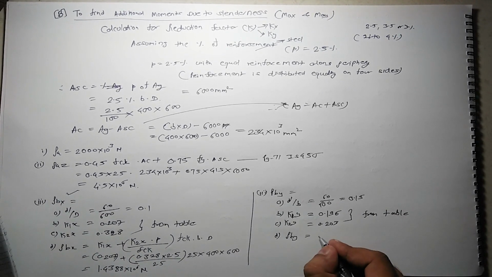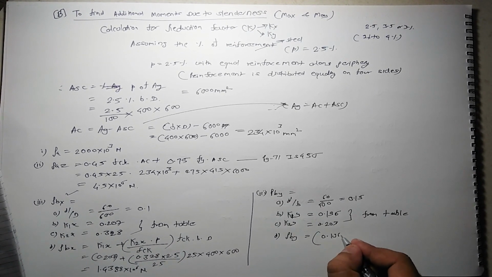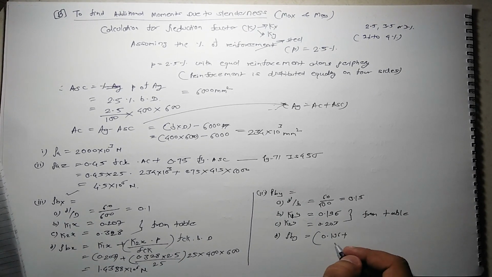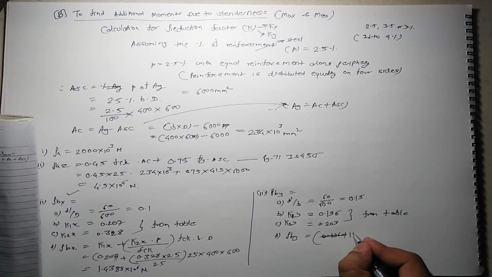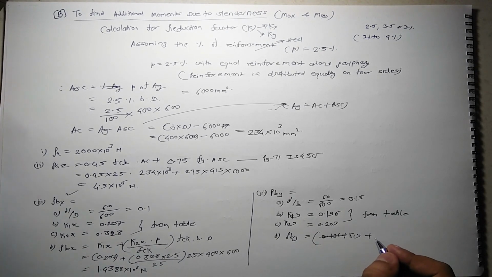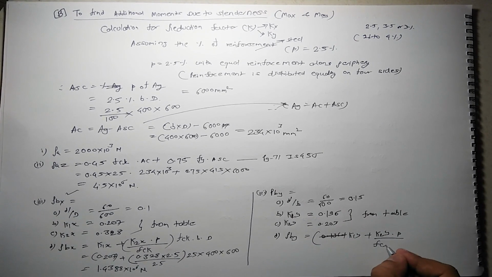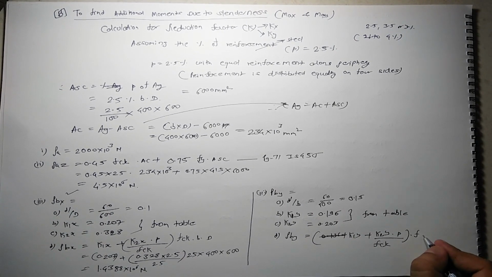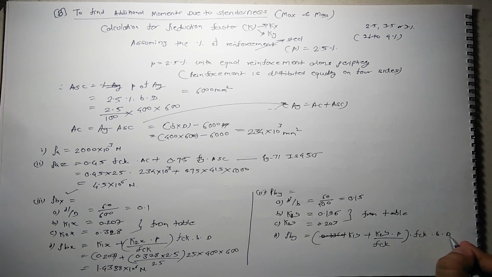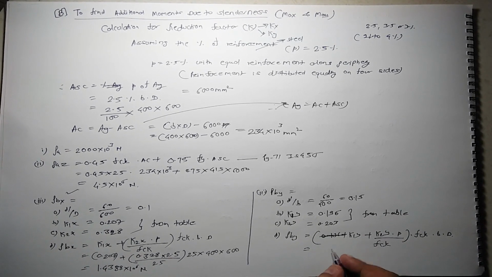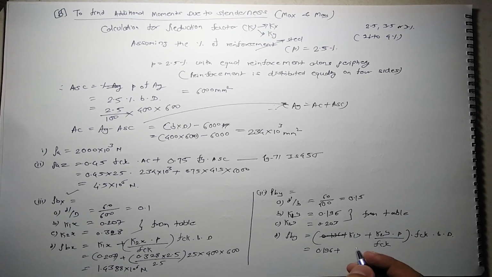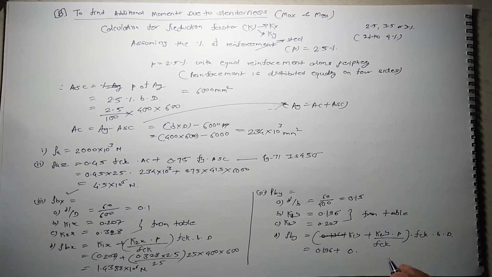And now finally PBY equals K1Y plus K2Y into percentage of steel upon FCK, into FCK into B into D. So directly put the value here: 0.196 plus 0.203 into 2.5, that we have assumed, upon 25 FCK, into 25 into 400 into 600.